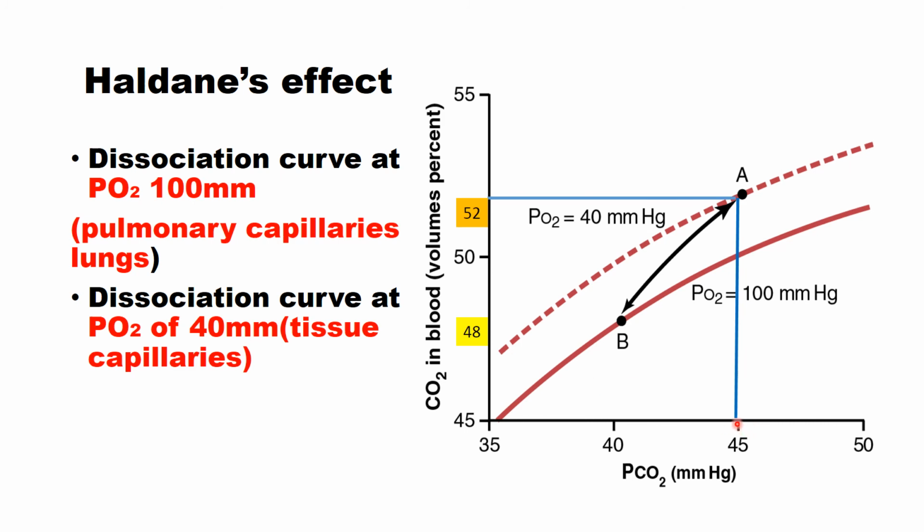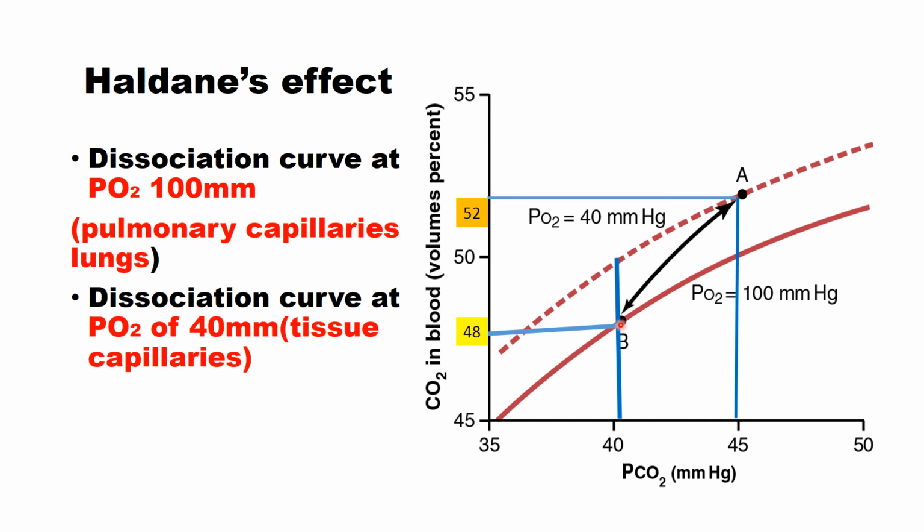Point A shows that at a partial pressure of carbon dioxide of 45 millimeters, which is present in the tissue, the carbon dioxide content in the blood is approximately 52%. Okay. Next we come to point B. This is at a partial pressure of 40 millimeters of mercury. When the blood is returning to the lung, the carbon dioxide partial pressure is 40.